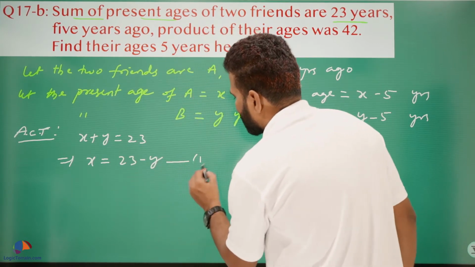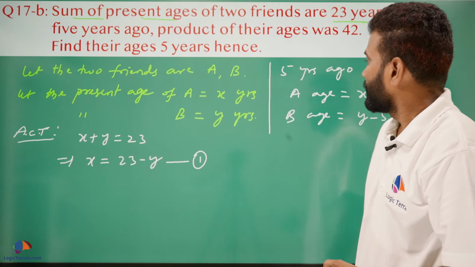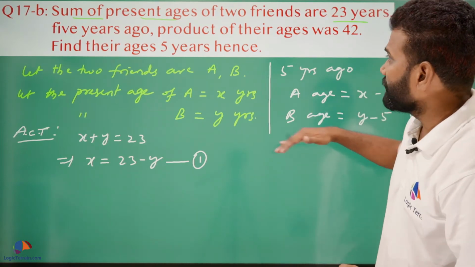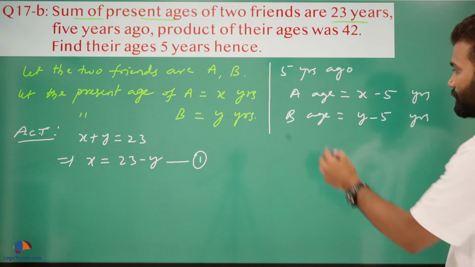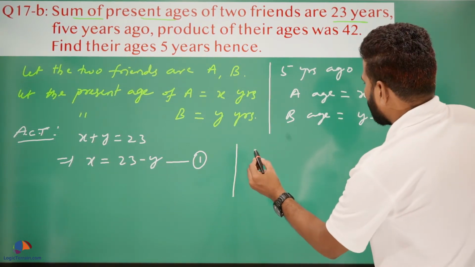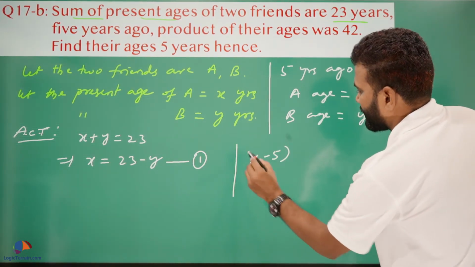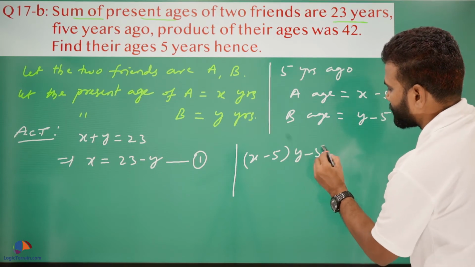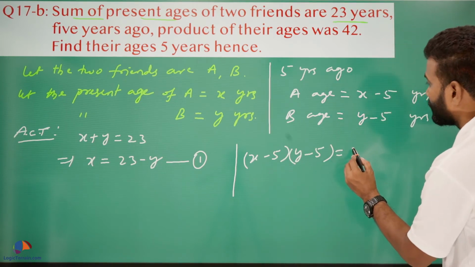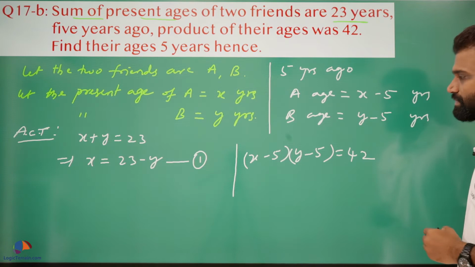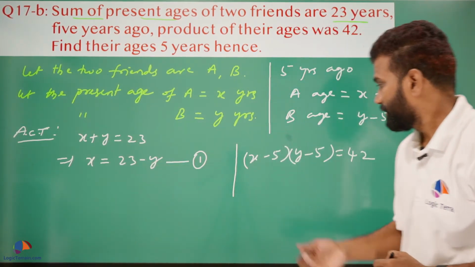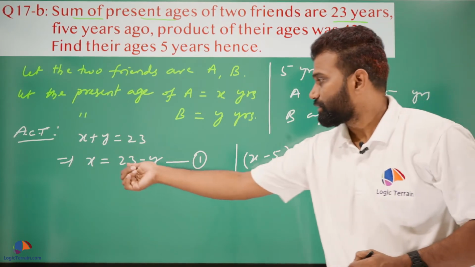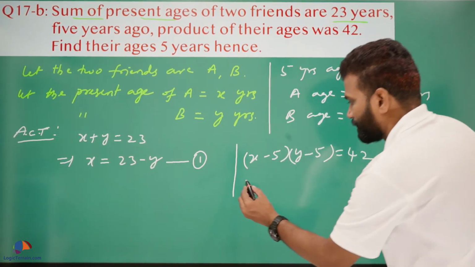Let us take this as equation number 1. According to this information, the product of their ages was 42. So X minus 5 into Y minus 5 is equal to 42, and we know X is 23 minus Y. We will replace X as 23 minus Y in this.